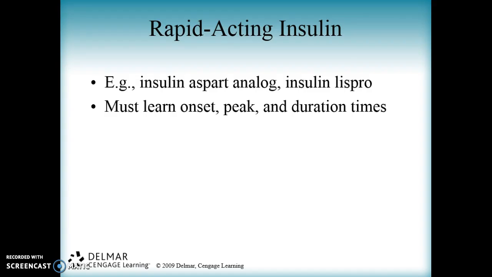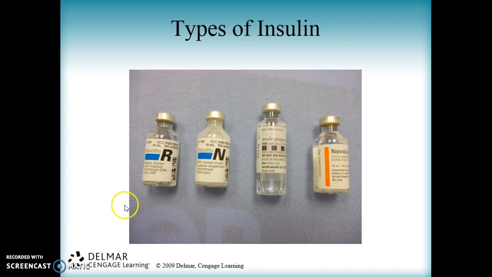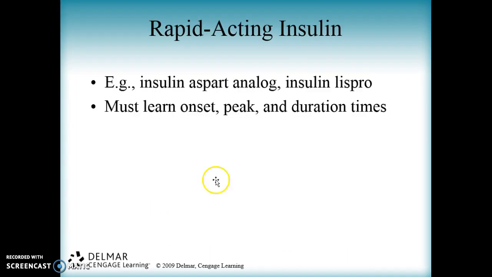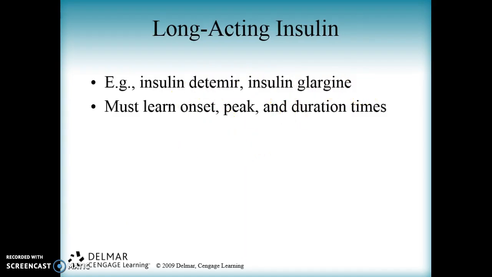I'm going to click back on this types of insulin slide. Here you can see that Novolog is one of those types of insulins, so it falls into the rapid-acting group. And then the long-acting, again, if you look back at those labels, even though those are brands, these are generics, and they will tell you that they are long-acting insulin.